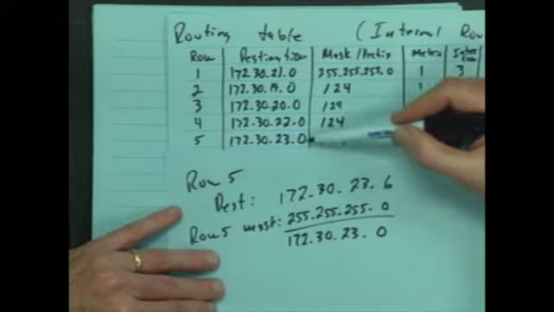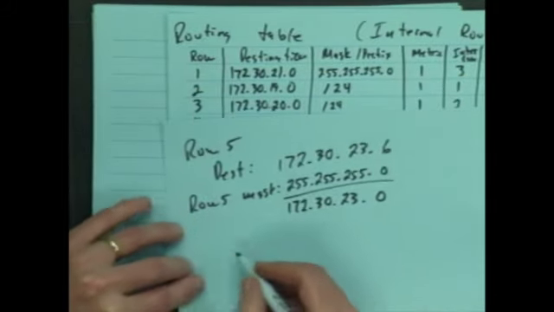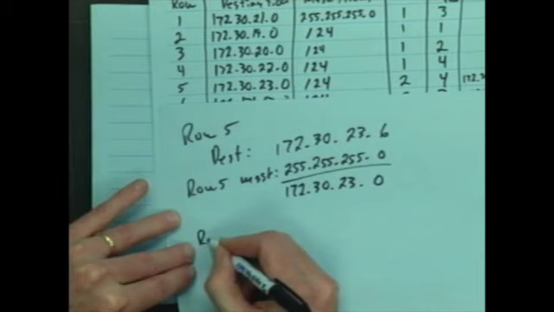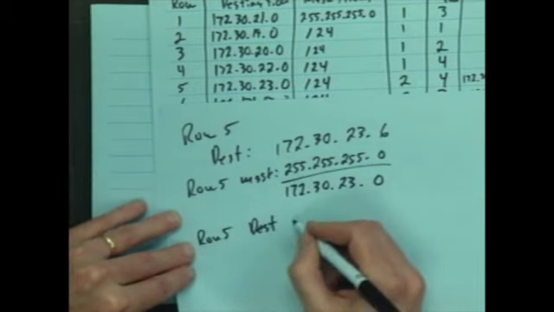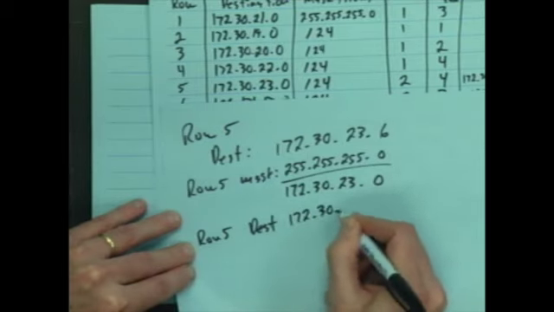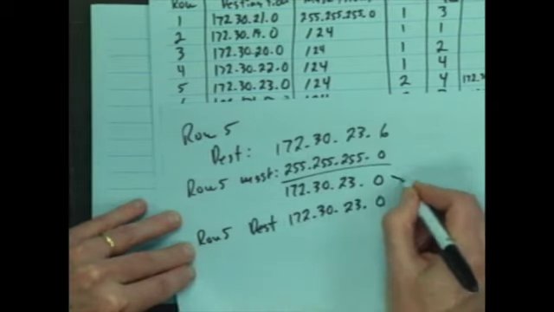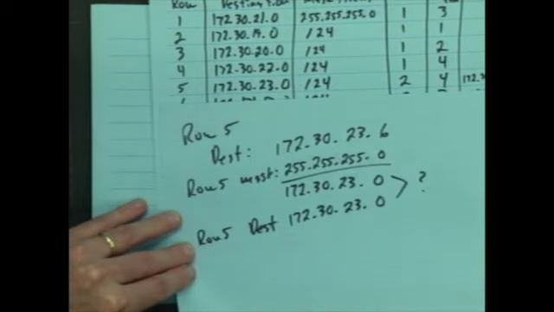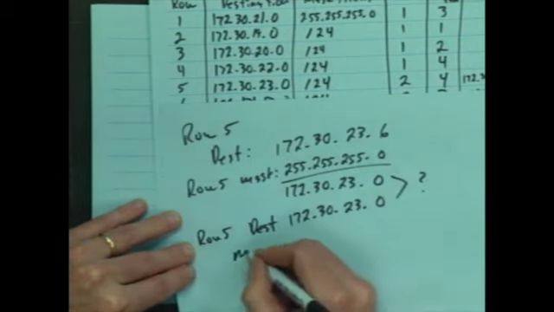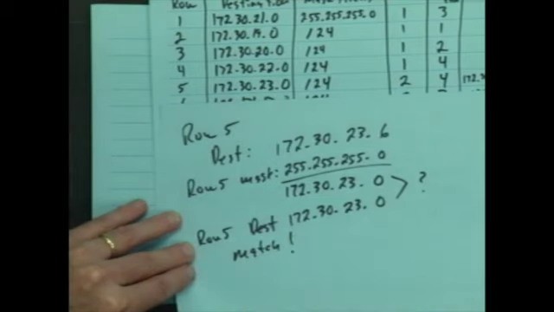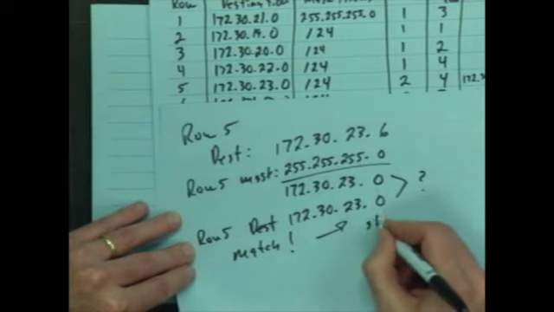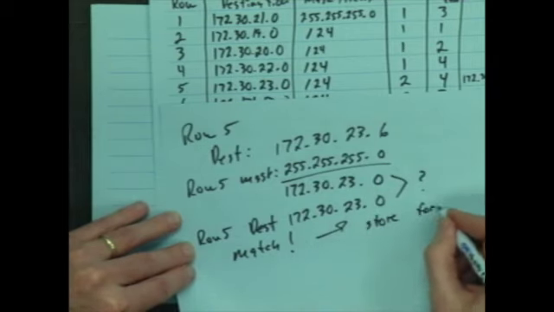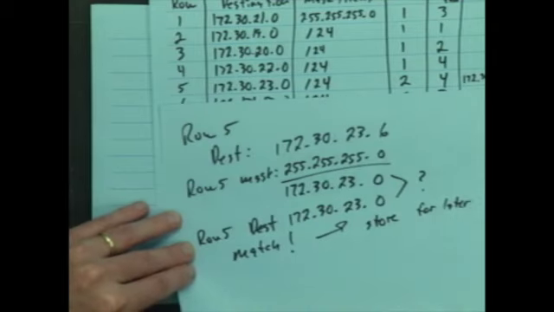And if I look at the destination here, is that a match? The row 5 destination is 172.30.23.0. Yes. What a match means now is we're going to store it for later, and we're going to keep going through the rest of the table.